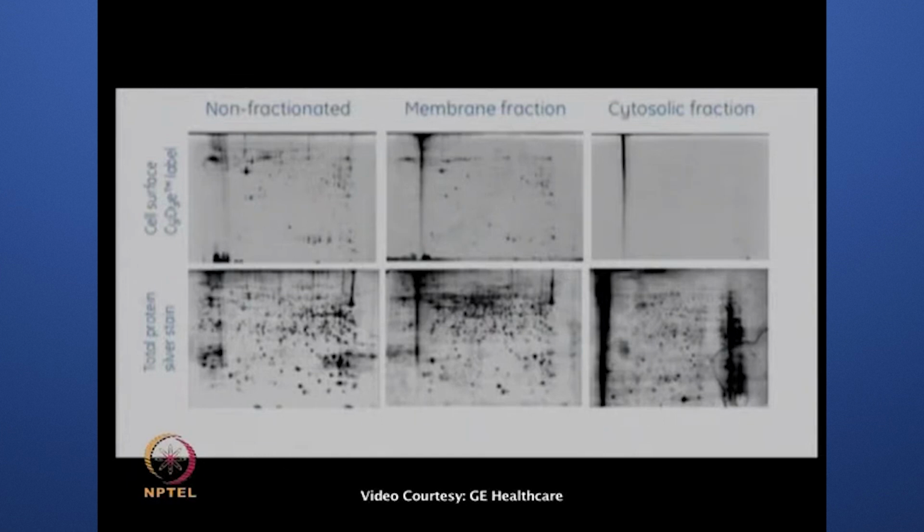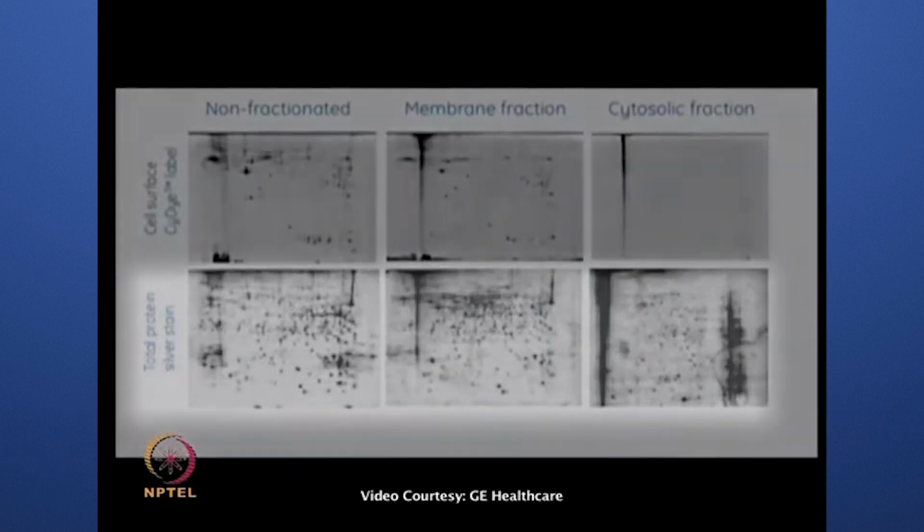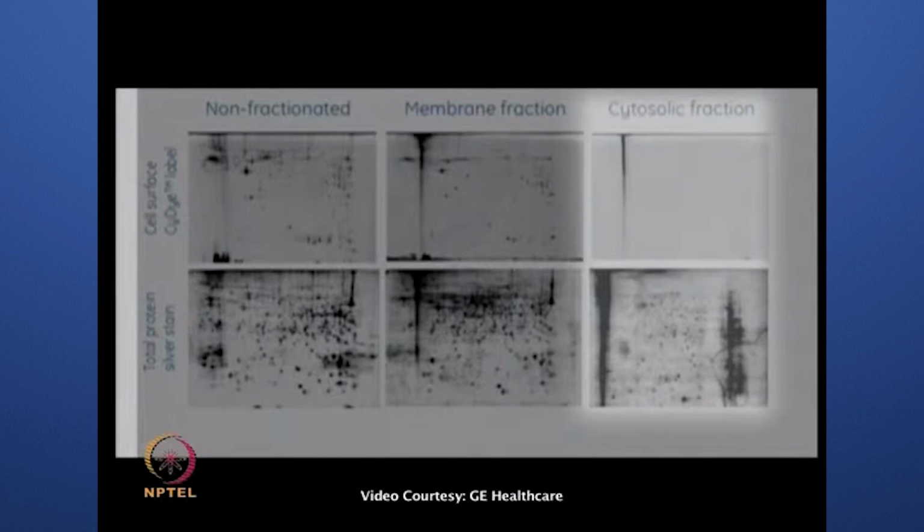The fluorescent image of gels with non-fractionated, membrane fraction or cytosolic fraction is shown on top. Below is an image of the same gel post-stained with silver. The results show no fluorescent labeling of cytosolic proteins, but the silver staining shows that there are proteins in the gels.